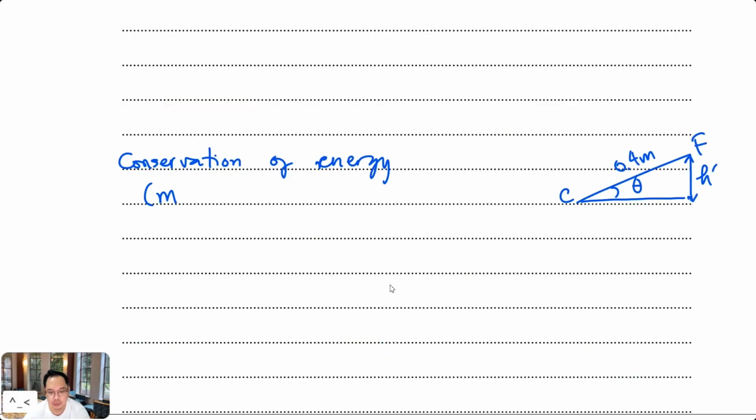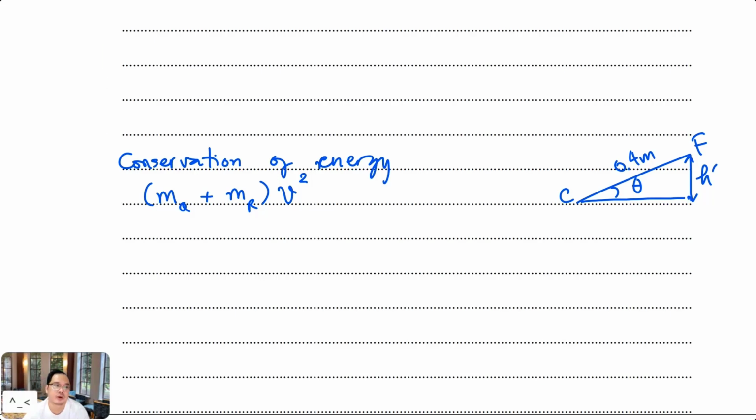The initial kinetic energy of the system of the two blocks stuck together is the mass of Q plus the mass of R, times their velocity at the position C squared, where this is the velocity of the system. We have to find this first, so I'll put an empty space here.